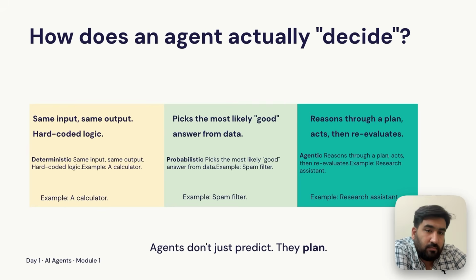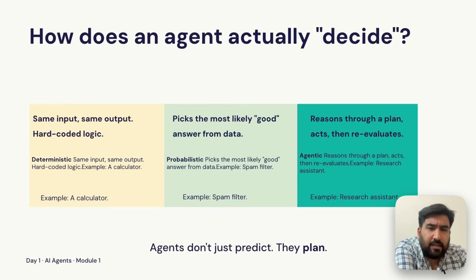A lot of people genuinely get this wrong. How does an agent actually learn, decide what to do? So there are three flavors. The first is the deterministic flavor. Same input, same output, every single time, no surprises.